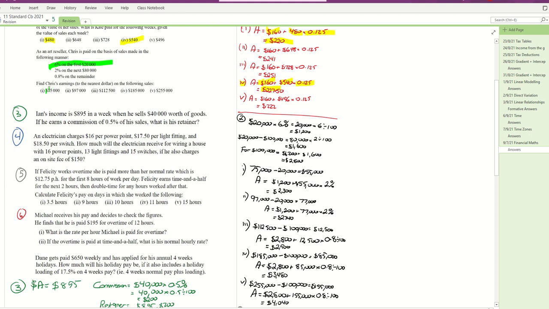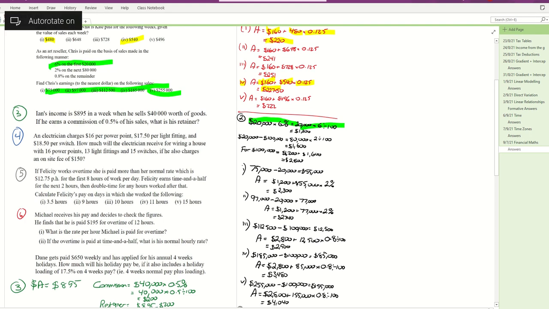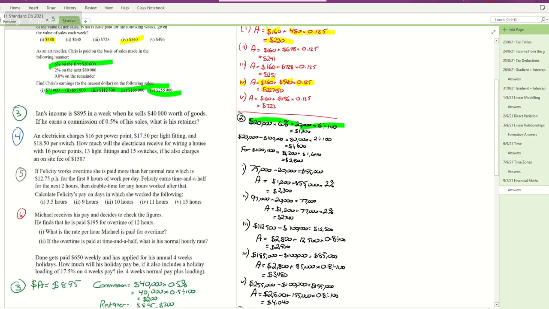Each time the sale is more than $20,000, so I've just worked out the amount of money he earns in the first 20,000. So 20,000 times 6%, which is 20,000 times 6 divided by 100, is equal to $1,200.